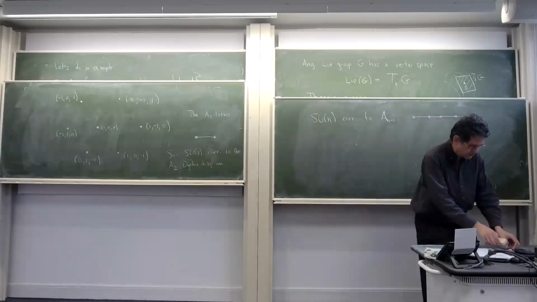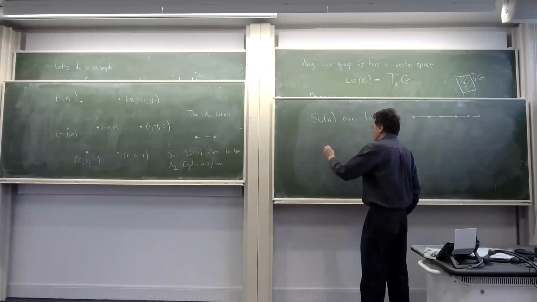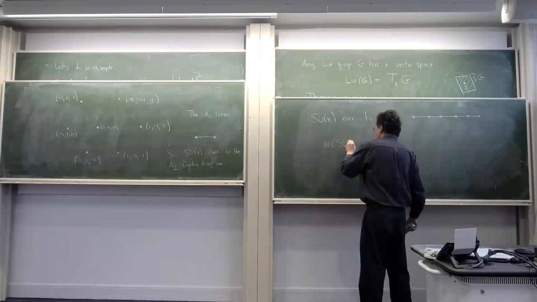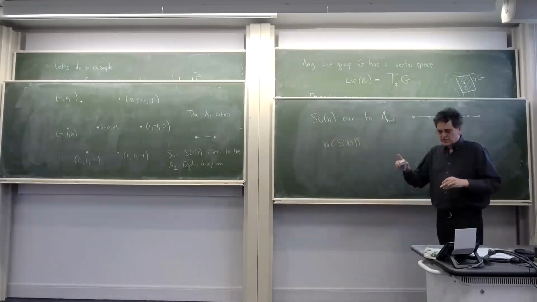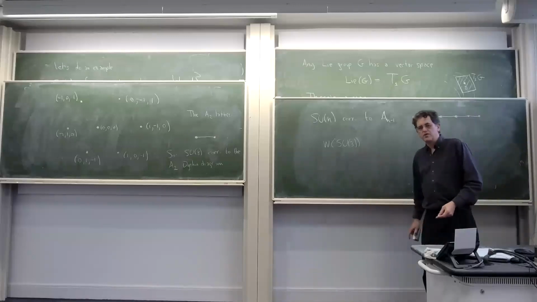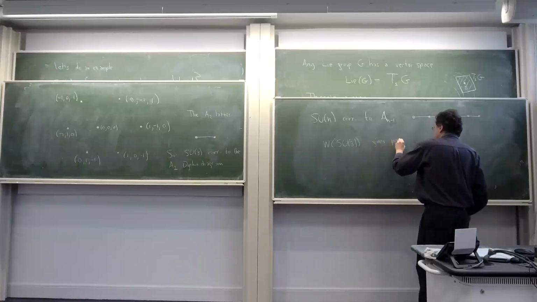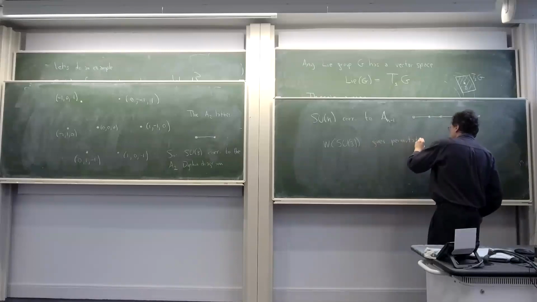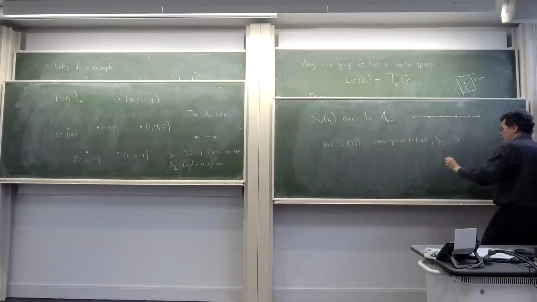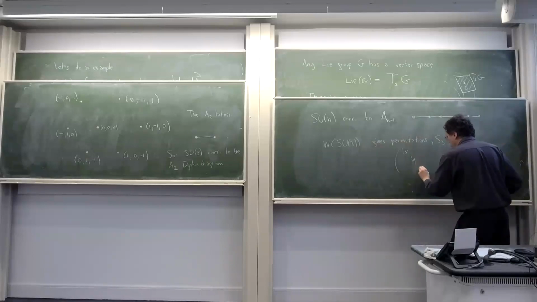I was rushing so fast, I forgot to say that if you look at what you get when you start conjugating the torus by elements of the Lie group, you just get permutations, S3, acting on these diagonal matrices.